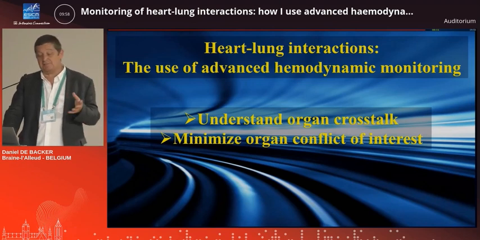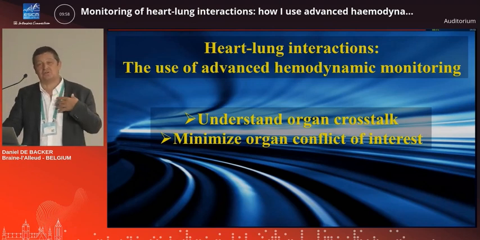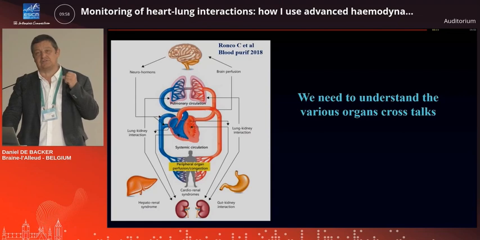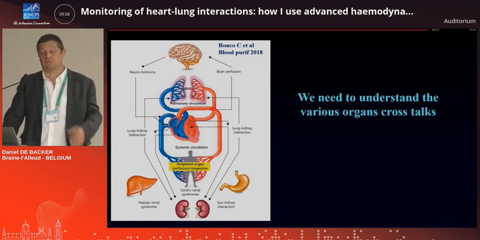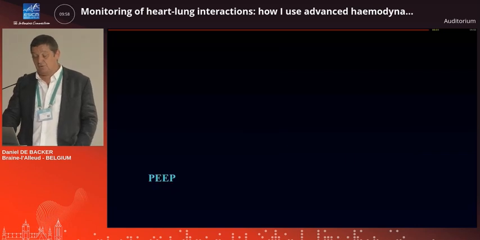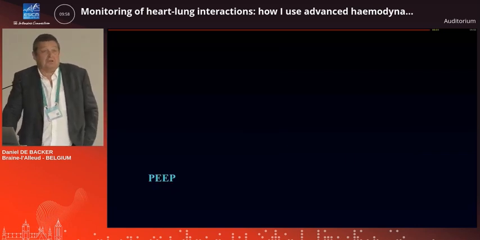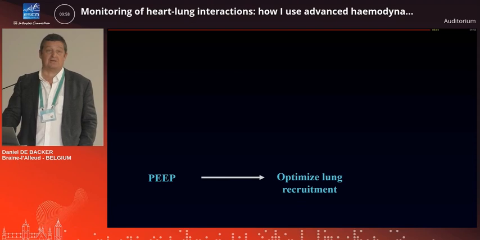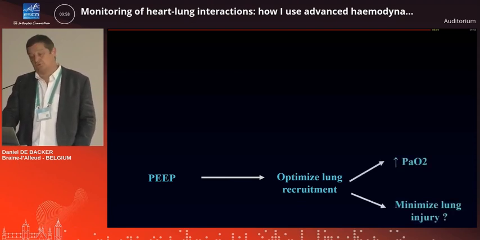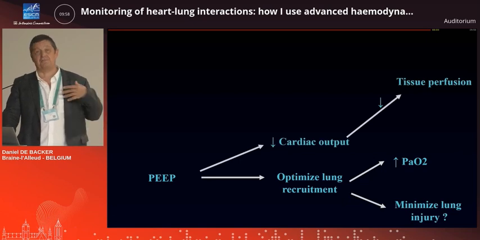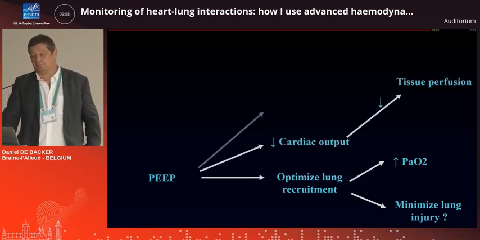And the final aspect is that also we can understand the crosstalk between the organs, and sometimes when we do something good for one organ, we can do something bad for the other one. And so, of course, just think at when we increase PEEP in our patient, we optimize lung recruitment, we improve PO2, we minimize injury, that's fine, but also we have some impact on cardiac output and on tissue perfusion.